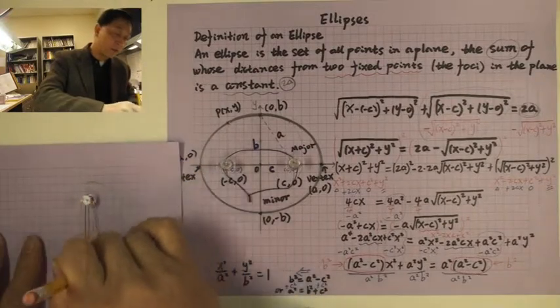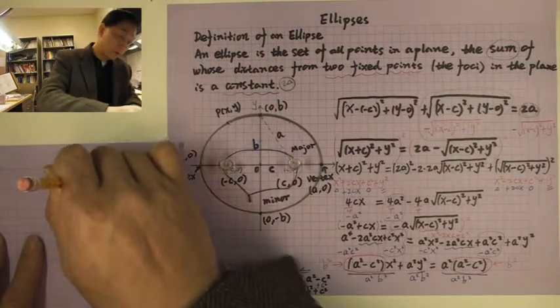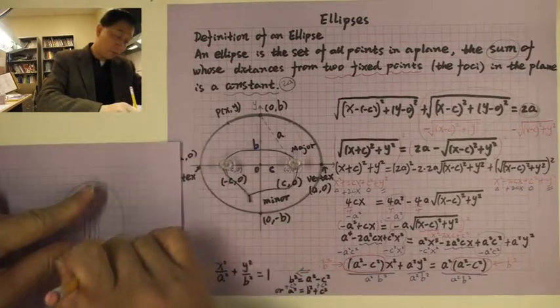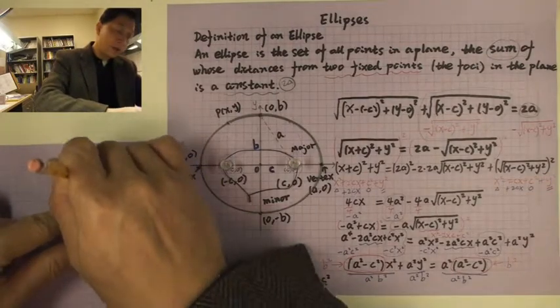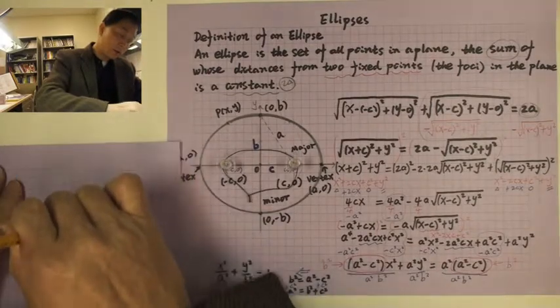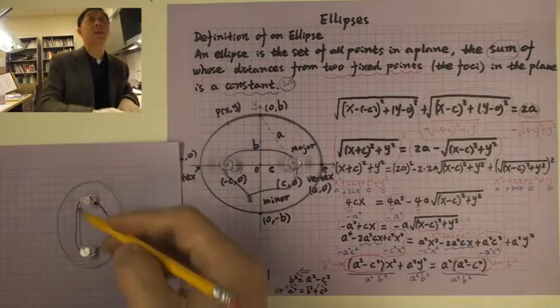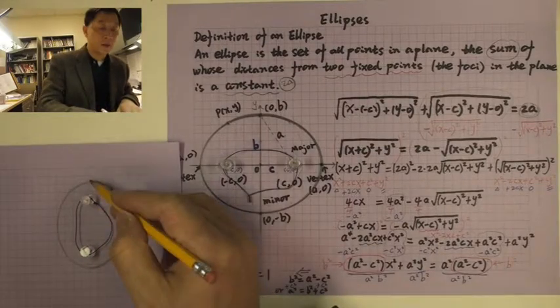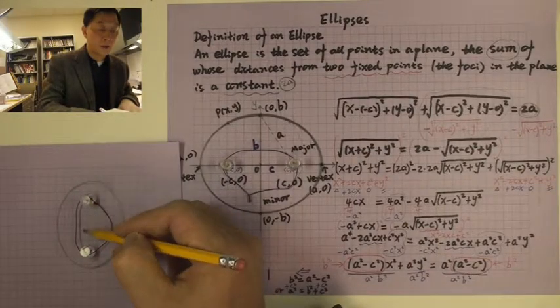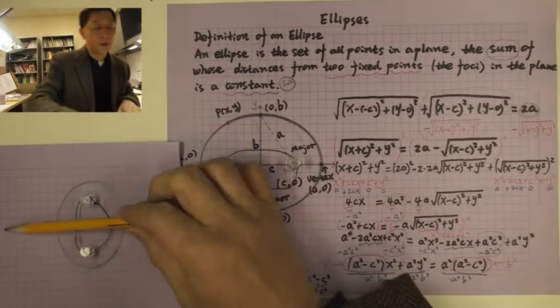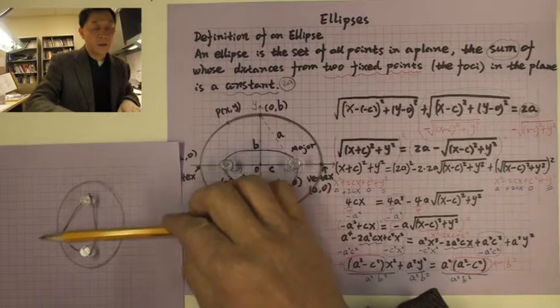Not tight enough. Okay, you get this kind of thing. So in this case, the major axis is in this direction, and the minor axis is in this direction.